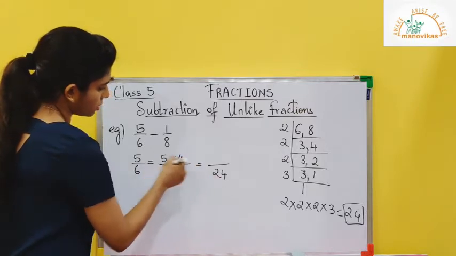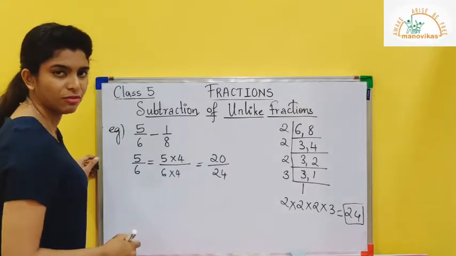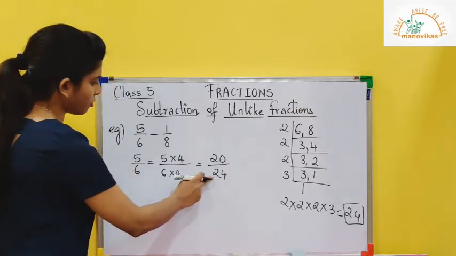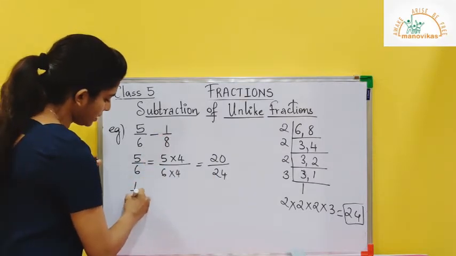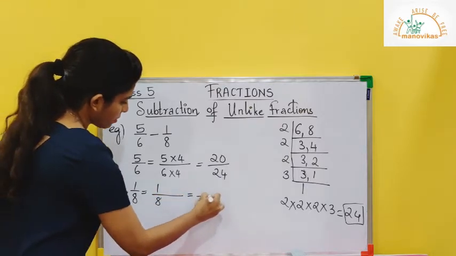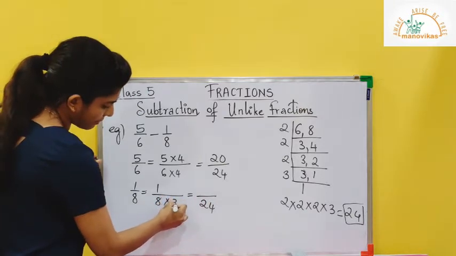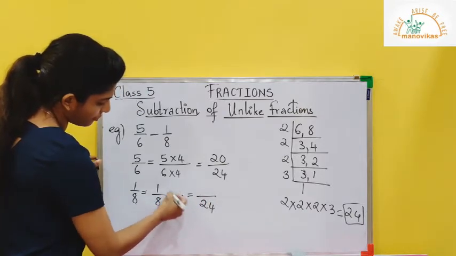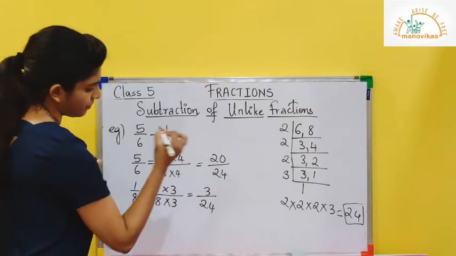Multiply the same 4 in the numerator, it is 20 and I get 20 upon 24. This way we change 5 upon 6 into 20 upon 24. Now let's change 1 upon 8. So write same way. If I multiply by 3, I will get 24. So 8 3s are 24. Multiply 3 in the numerator. So I get 3 here.